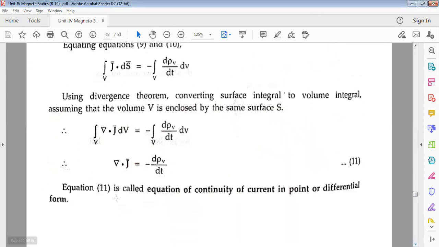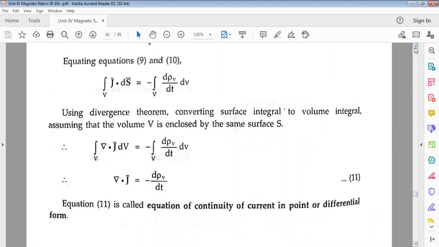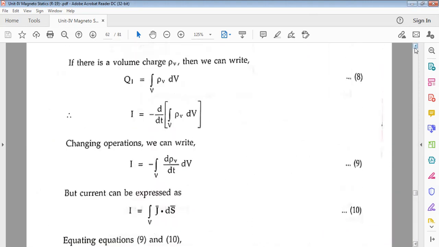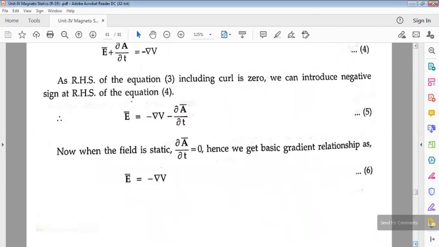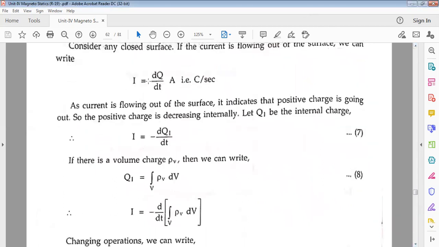So equation 11 is called the equation of continuity of current in point form or differential form. Got it, my students? We derived it by taking the current I as the change of charge with respect to time. If the charge is inside, it indicates the positive charge is going out, so the positive charge is decreasing internally.